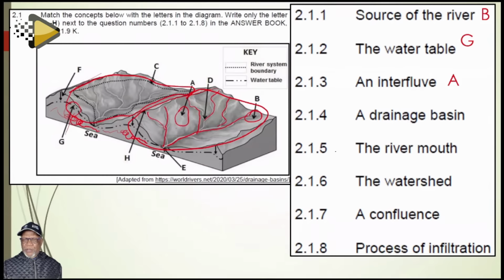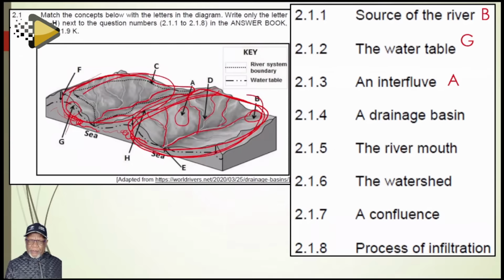This entire area is a drainage basin because it has got a river system. Now we spoke of river system, so you must also define a river system. What is a river system? River system is equal to the mainstream. This is your mainstream.